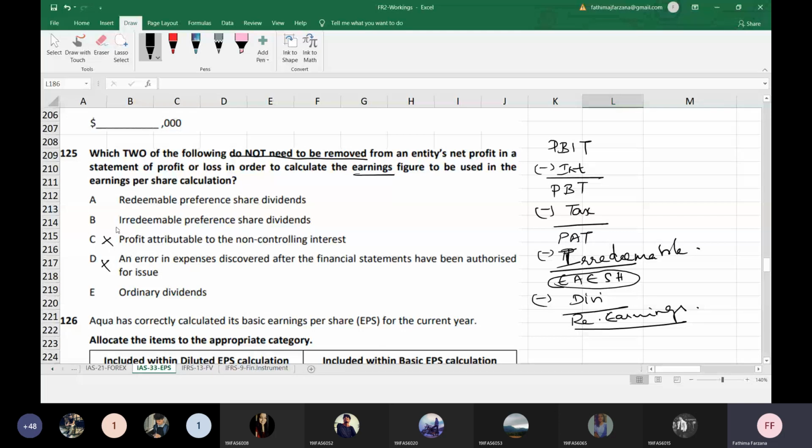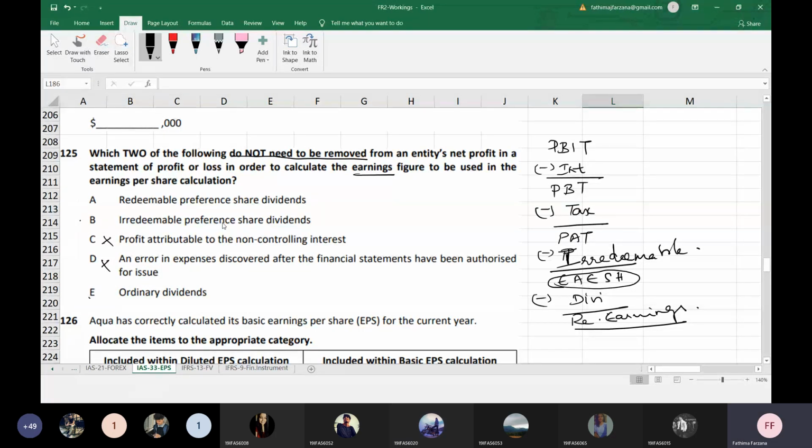Ordinary dividend, redeemable preference shares, irredeemable preference shares. Take all these three, that is A, B, and E. In this, which need to be removed? That is, who are eligible to get the dividend? Tell me that. Irredeemable preference share dividends.